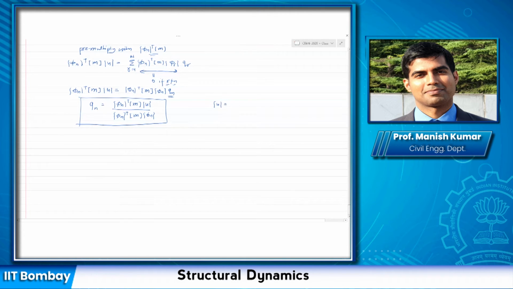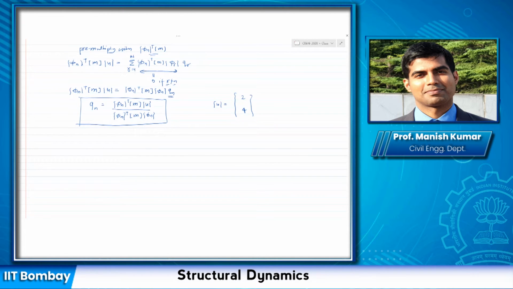So if, let us say, your structure is undergoing some excitation and you've been given that the total displacement vector is, let us say, 2 and 4, and you find out, for this 2 degree of freedom system, what is the contribution of each mode?